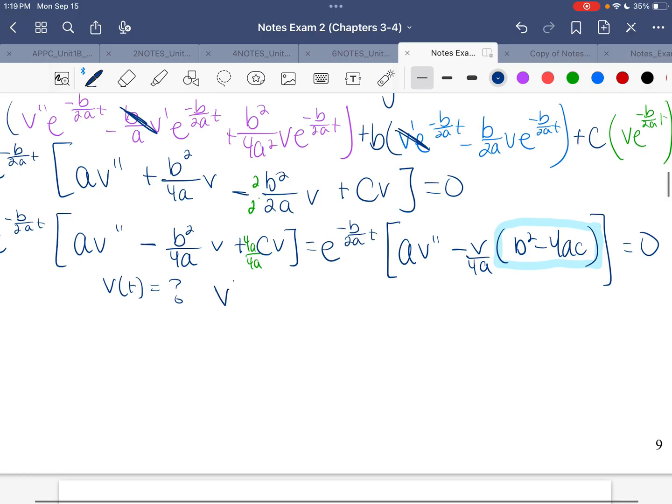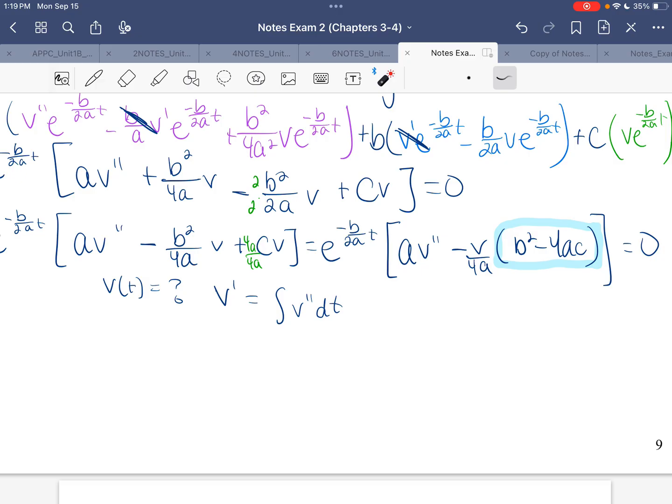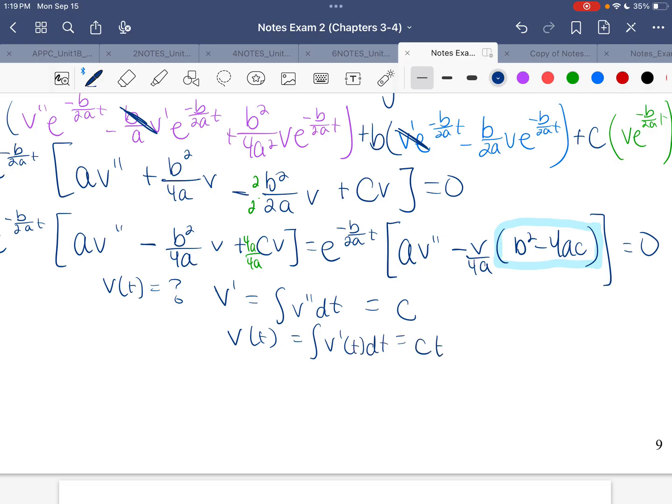We know that v prime is equal to the integral of v double prime. And in this case, all of this stuff, our v prime should integrate to be some constant. So then v of t is the integral of v prime of t dt, which becomes some constant times t plus k.